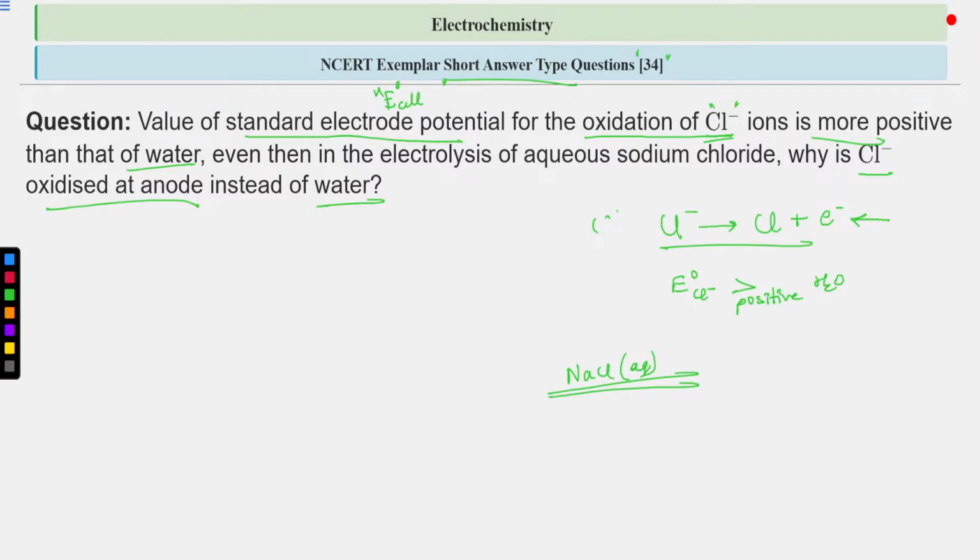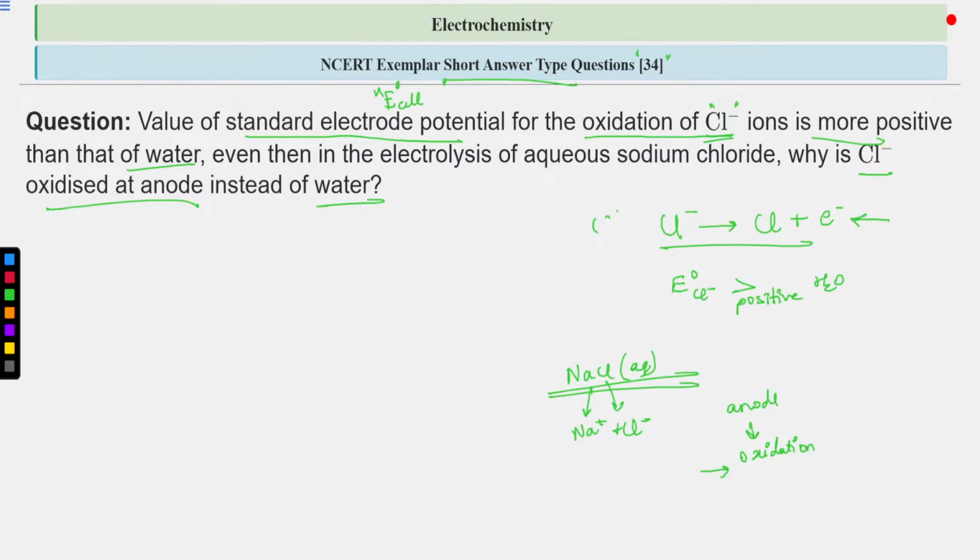At the anode, we do the oxidation process. The electrodes are divided into the anode and the cathode, and the process which happens on the anode is oxidation, and chloride will go to the anode to do the oxidation.